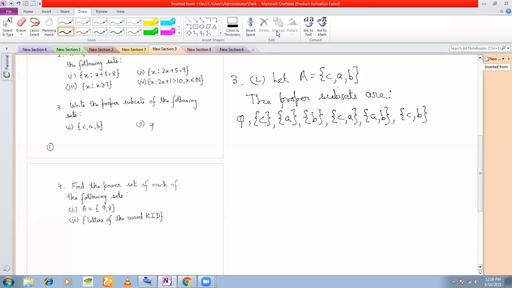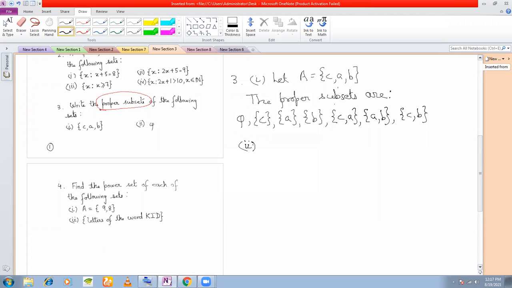Piyush, can you tell me, should I take the set A or not? Yes, sir. Why? The question here is to write down the proper subsets. A proper subset will always contain fewer elements than A. It cannot be equal to A. Yes, sir. So if they had said only subset, then we would have taken it, right? If it is proper subset, then not. So how many proper subsets are there? There are 7 proper subsets, because we have not taken the set A as its own subset. Okay. This is number 1.